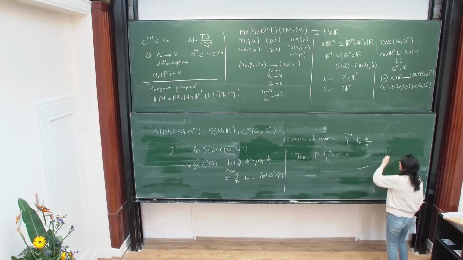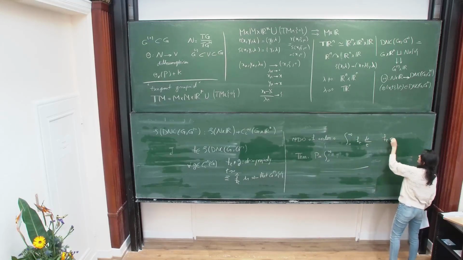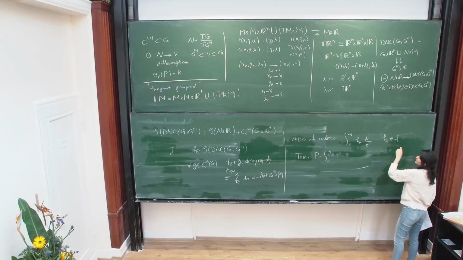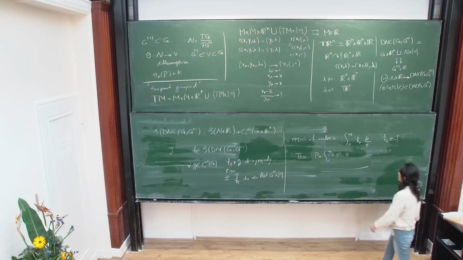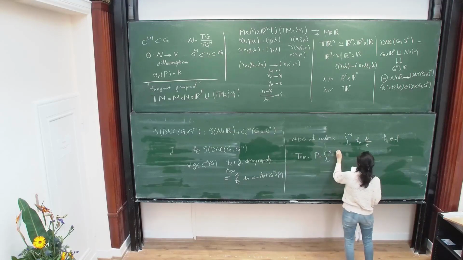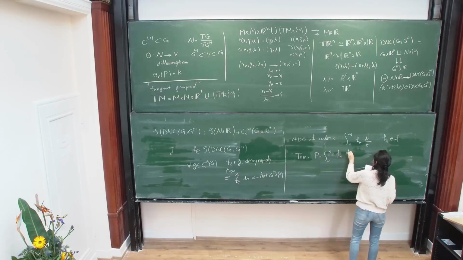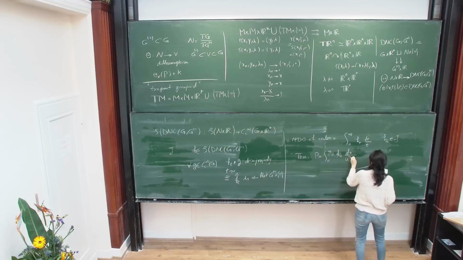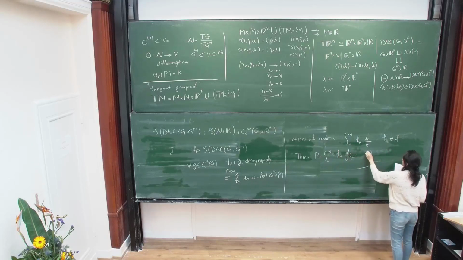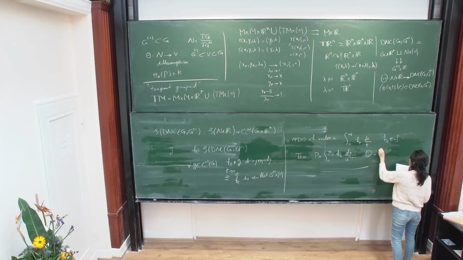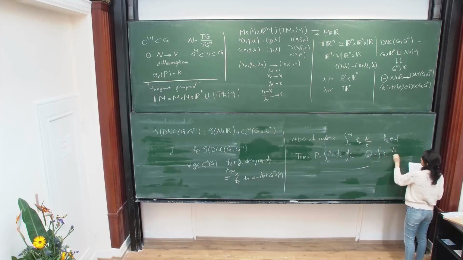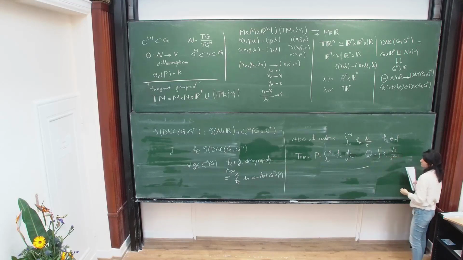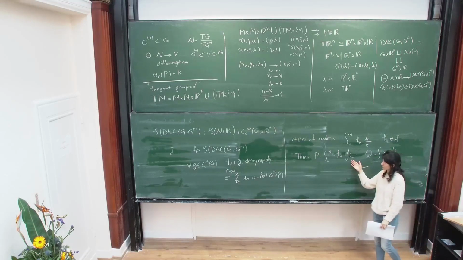I forgot to say that F here is in J. Actually, F is in J. So this is integral of u over u to the power n plus 1, and then I have u, which is the integral of gs, s to the power n plus 1. So this is an m order pseudo-differential operator.